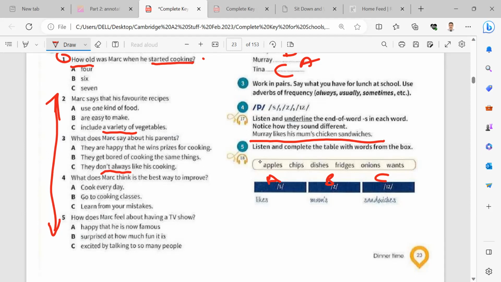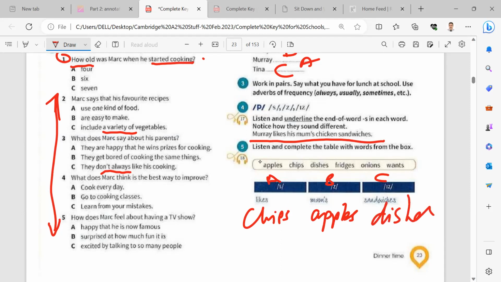We write it in the B. B, perfect. Apples. Yes, next. Chips, put it A. Yes, you are right. Dishes, put it where? In C. Yes, perfect. Dishes.